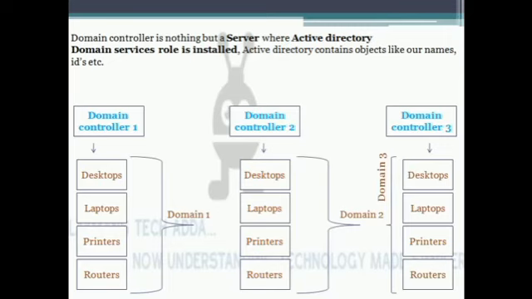So domain 1 users cannot use the systems of domain 2 or domain 3, and in the same way domain 2 cannot use domain 1's or domain 3's, and domain 3 users cannot use the resources or systems of domain 1, domain 2, etc.